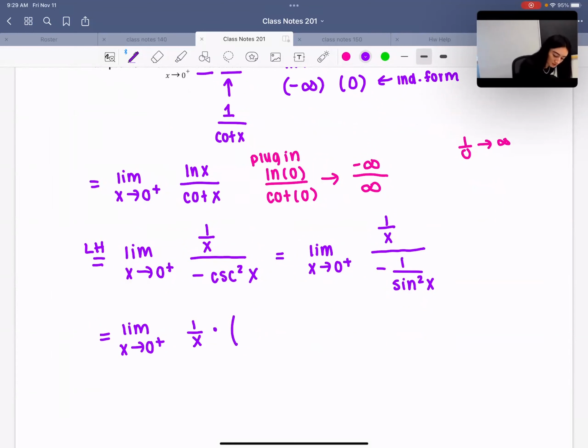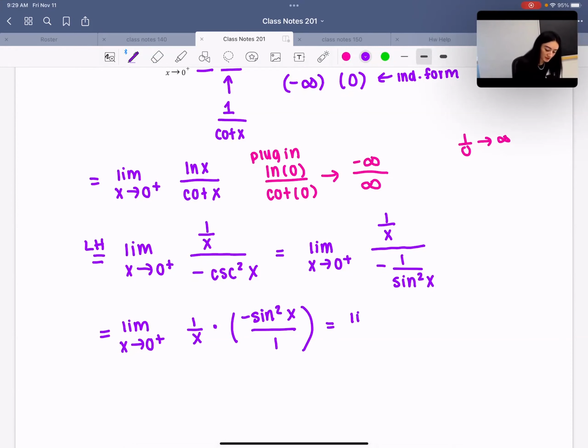So this becomes negative sine squared x over x. Oh, sorry, not over x, over 1. So everyone see how I got there? Good. Let me just clean this up real quick. We are going to 0 from the right, multiplying through, we got negative sine squared of x over x.